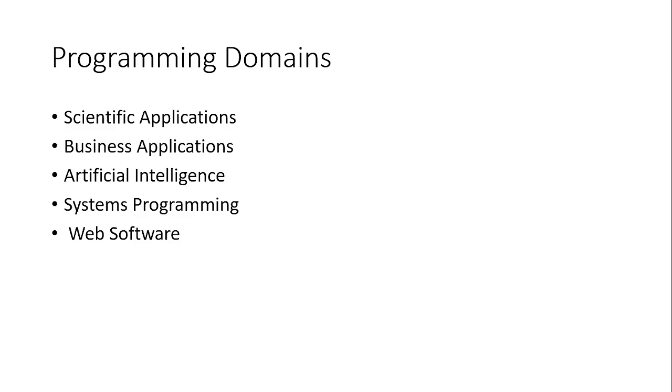Because of this great diversity in computer use, programming languages with very different goals have been developed. So we'll see some of these areas of computer applications and their associated languages.